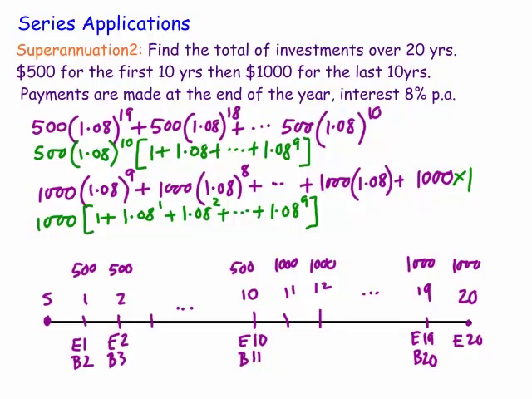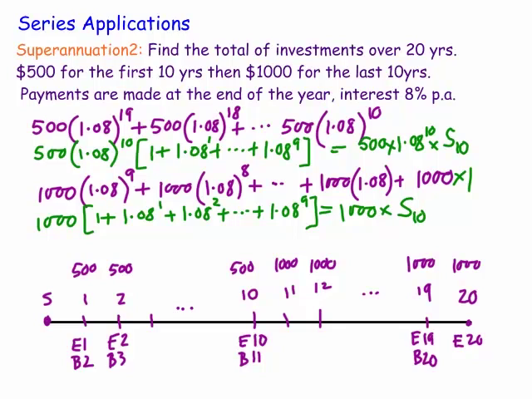This is going to be a bit more complicated. It's 500 times 1.08 to the power 10, times the sum of how many terms? There's 1 to 9 plus another one, so it's the sum of 10 terms, only 10 terms. With the $1,000 we have the same thing, times the sum of 10 terms.